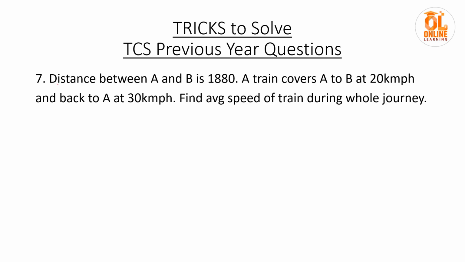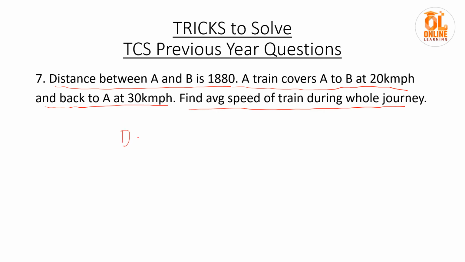It is given the distance between A and B is 1180. A train covers A to B at 20 km per hour and back to A at 30 km per hour. Find the average speed of the train during the whole journey.